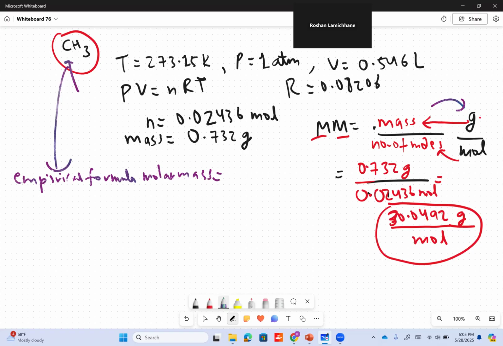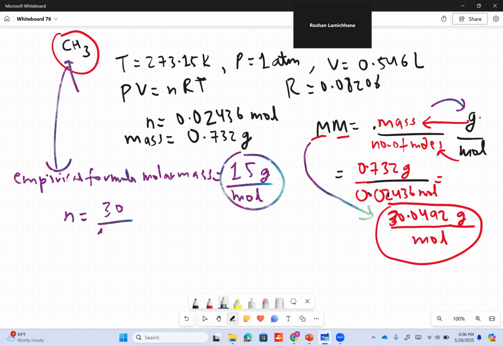I end up with about 15 grams per mole, right? And if you recall, what we did next was figure out our n value. My n value we figured out by taking the molar mass and dividing that by the empirical formula molar mass. So if I divide 30, I'm going to roughly take this number, I will end up with 2.